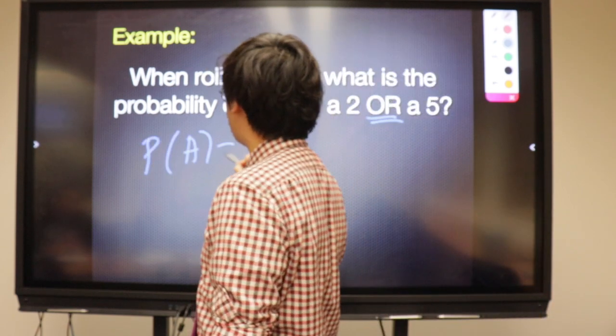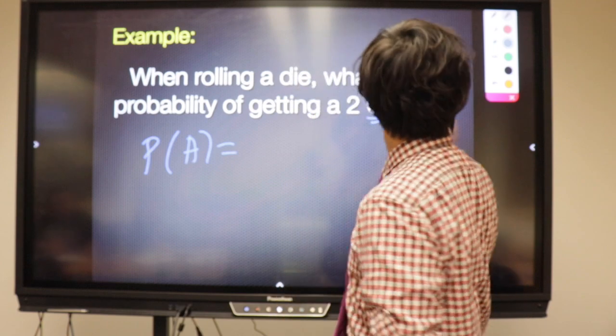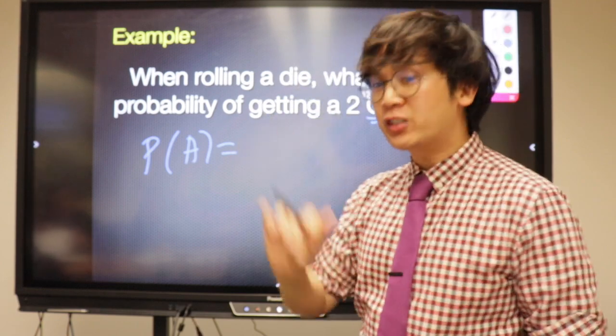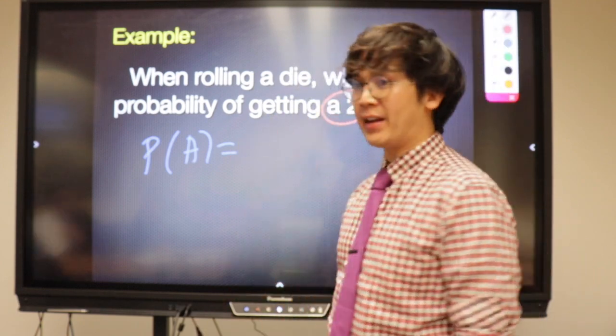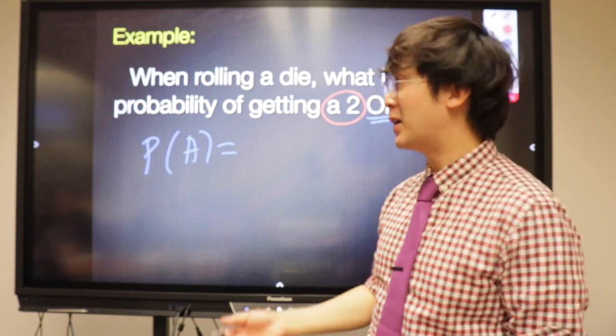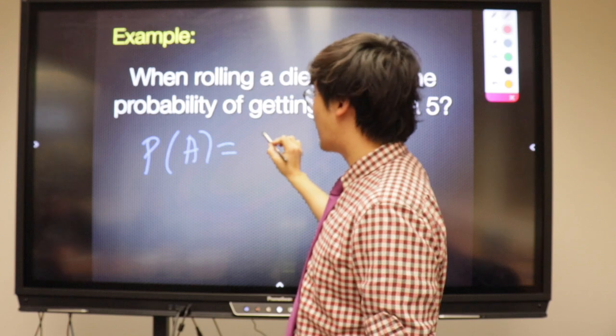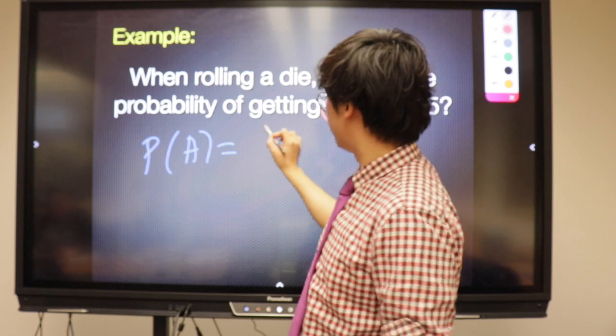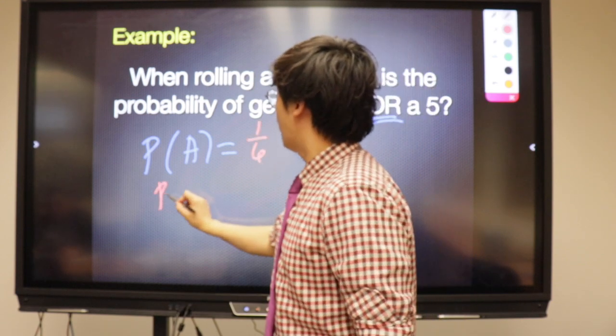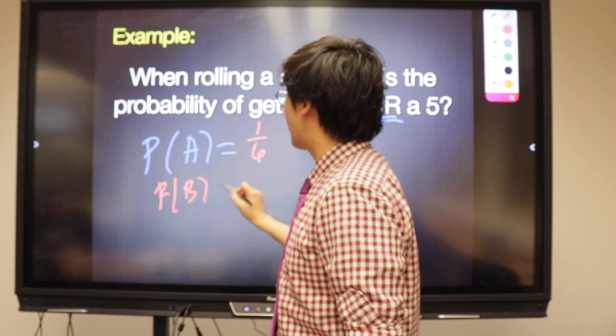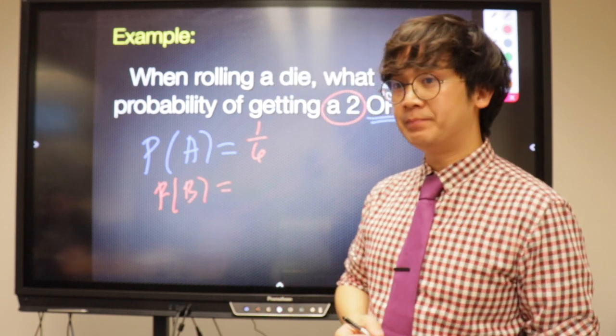So the probability of the first event is what? Getting a 2 is our first event. It's going to be in fraction form, and this is pretty simple. Don't overanalyze it. What is the probability of getting a 2? 1 out of 6. Probability of the second one, getting a 5.